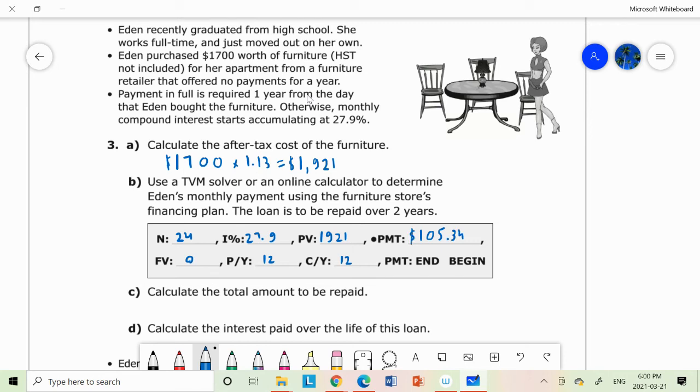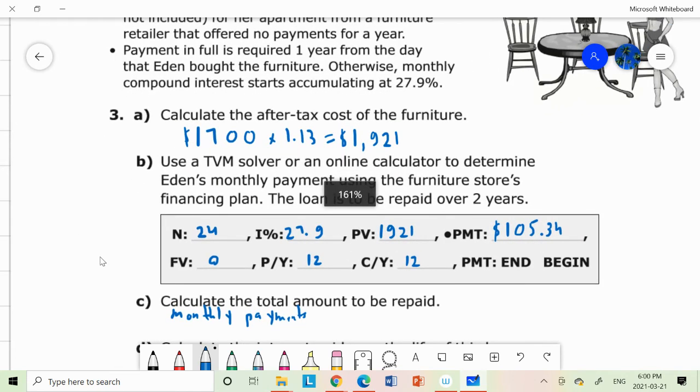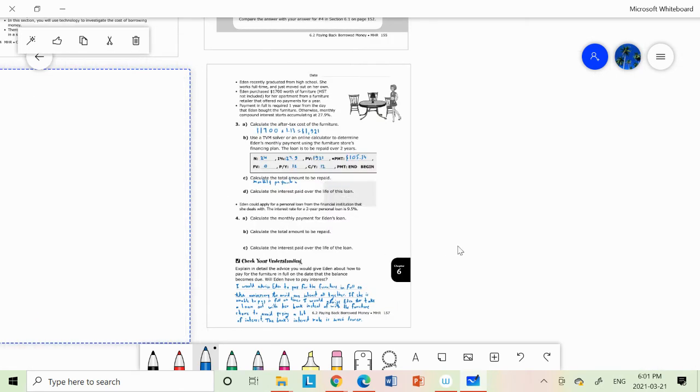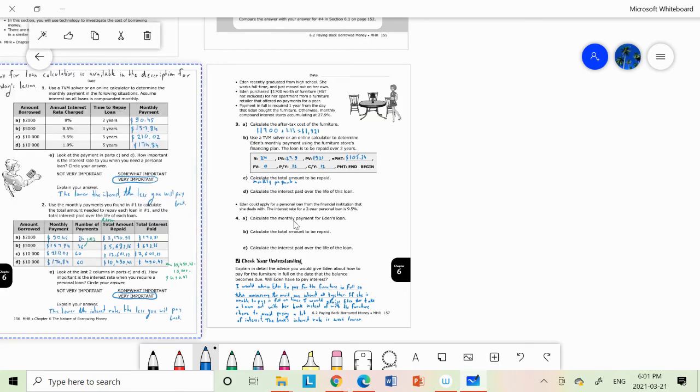And calculate the total amount to be repaid. So we know Eden has to pay this for 24 months. Let's zoom in again.